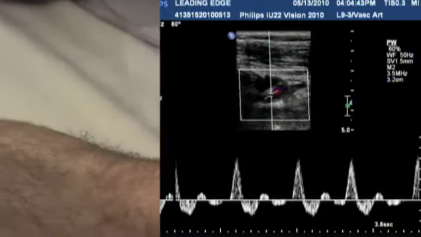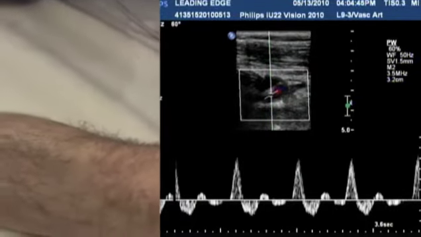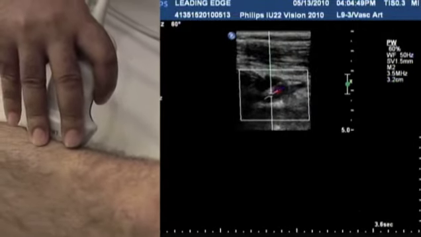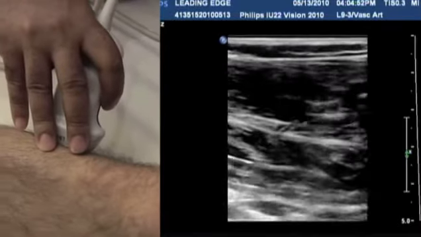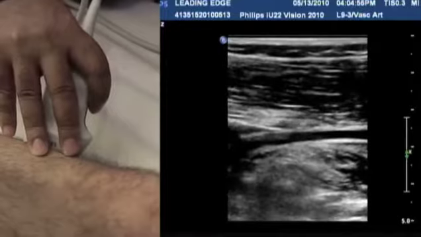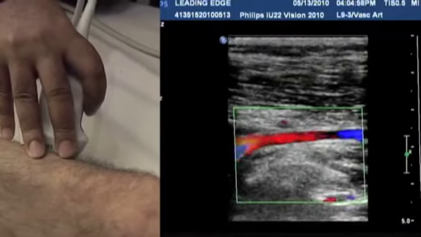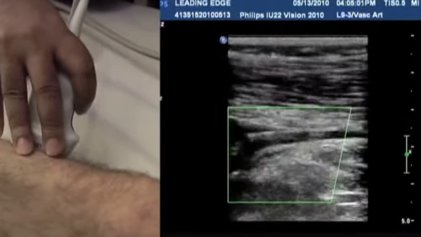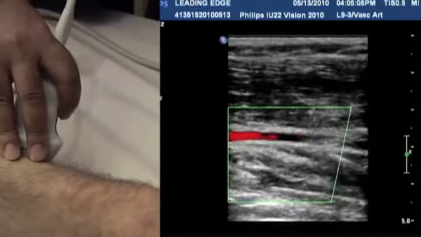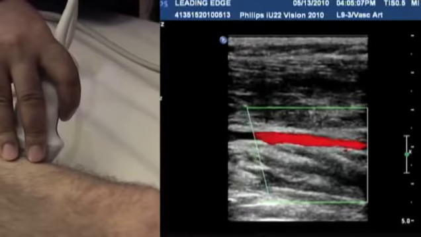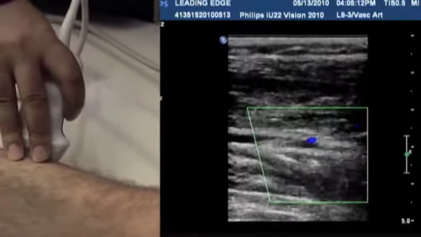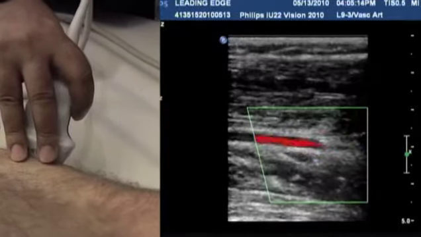So now what I would do is just continue to follow that anterior tibial artery down the length of his leg from this anterior approach. Let's just go back to the 2D and the color, and let's just steer that as it comes out of the interosseous membrane. And again, you can use the color as a guide in terms of helping you or allowing you to document stenoses based on the changes in the color flow image.